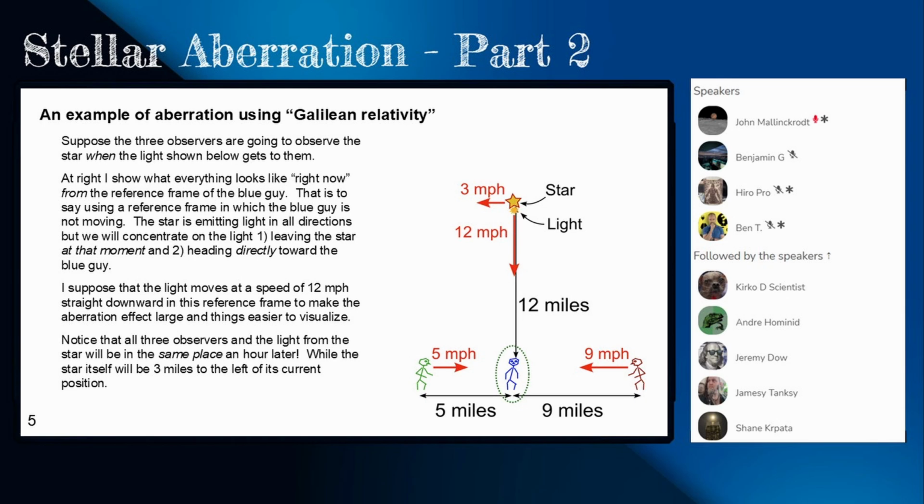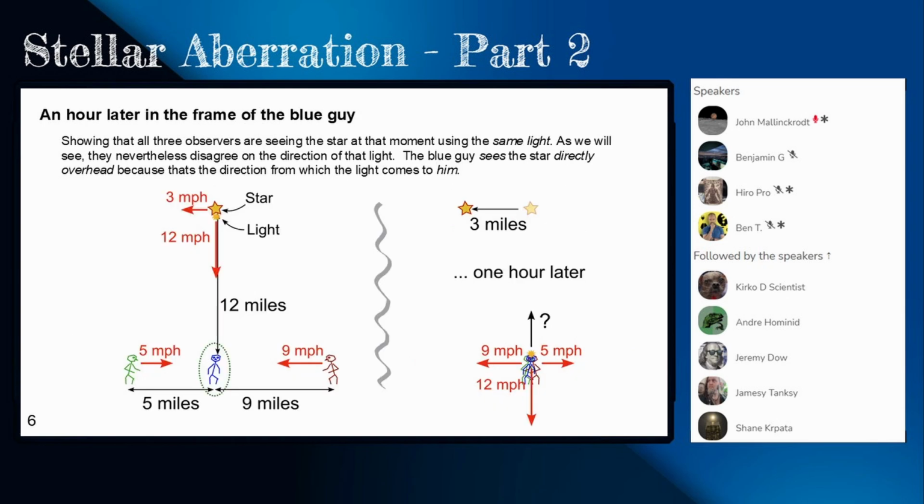But the only light we're interested in are the light particles that are emitted at this instant of time and that are moving toward the blue guy in this picture. That's the light I'm interested in. Okay, so are we good on that? We'll move on to the next slide.